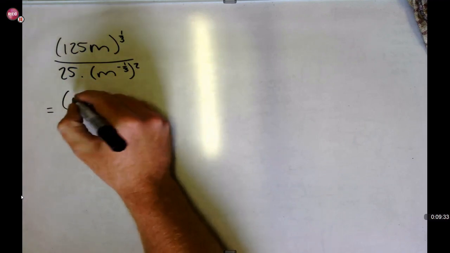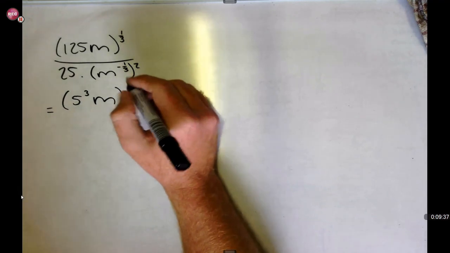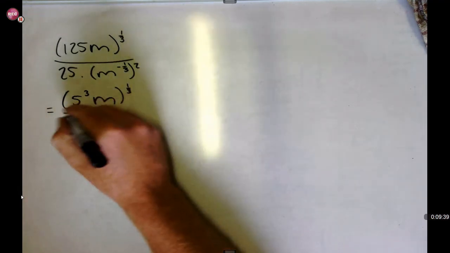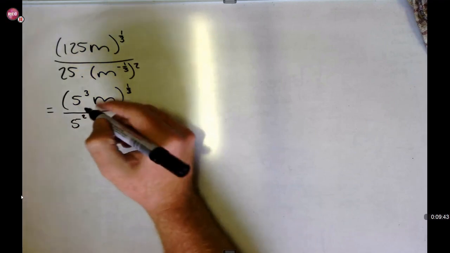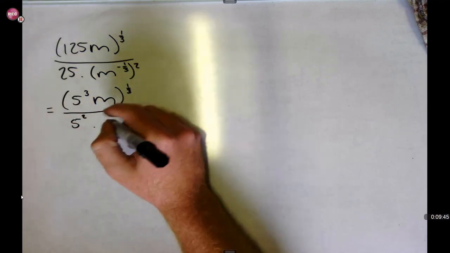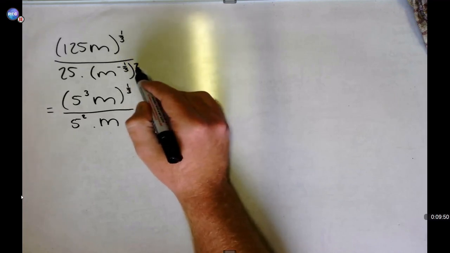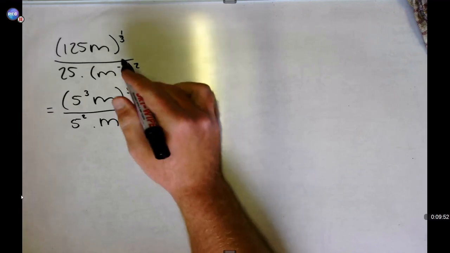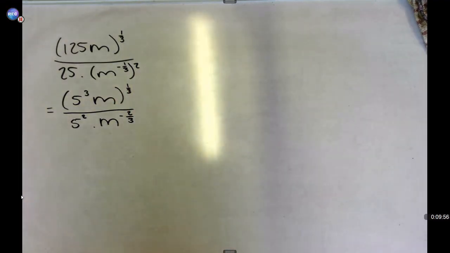That will become 5 cubed m, and then we're going to leave the third on the outside for now. Then the bottom, break that up to 5 squared times, and then we're going to solve this. So negative and a positive stays a negative. 1 times 2 is 2 over 3. There we go. Now we've solved that.